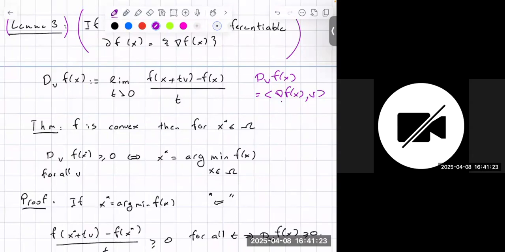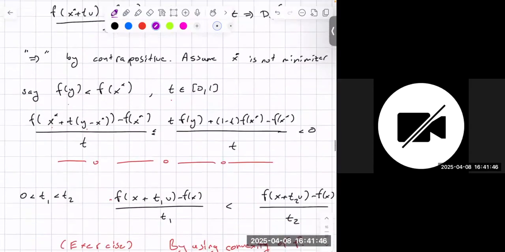Here we cannot just say vanishing, but we are able to say they have to be positive or 0. That means anywhere you go, your function is increasing, so it is a local minimum, okay? So it gives you the same type of criterion where you replace the usual directional derivatives with this one. Okay, that's the first thing.